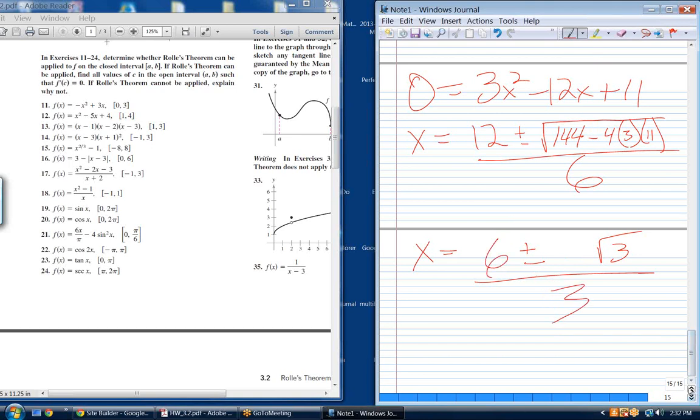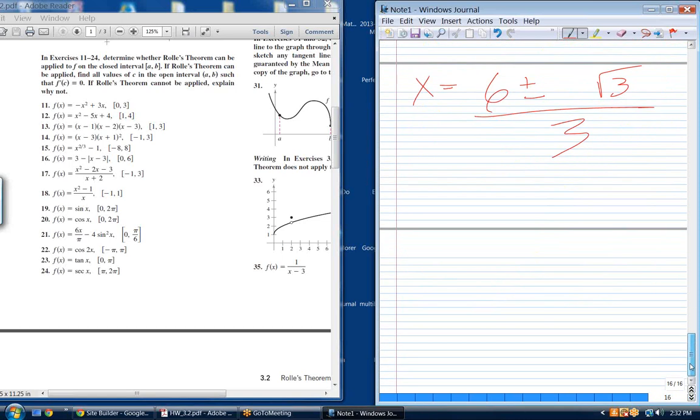As to whether you need to separate this into 2 fractions or not, probably not. Since it's an irrational number, you can probably leave it in this form. If there was an i over here, then it would be very important to say that it was 2 plus or minus root 3 over 3 i, because when you're talking complex solutions, you want it in a plus bi format, always.